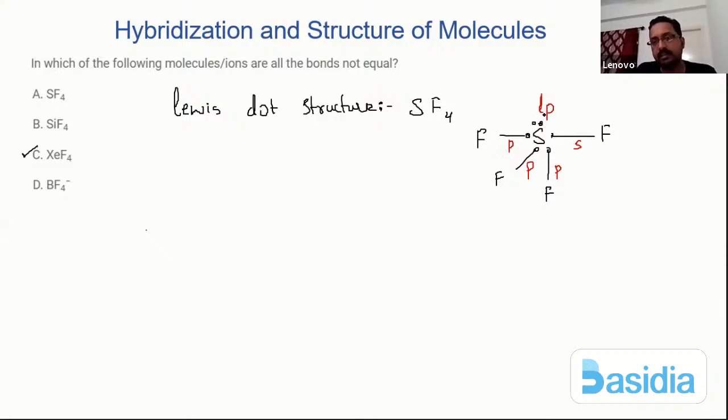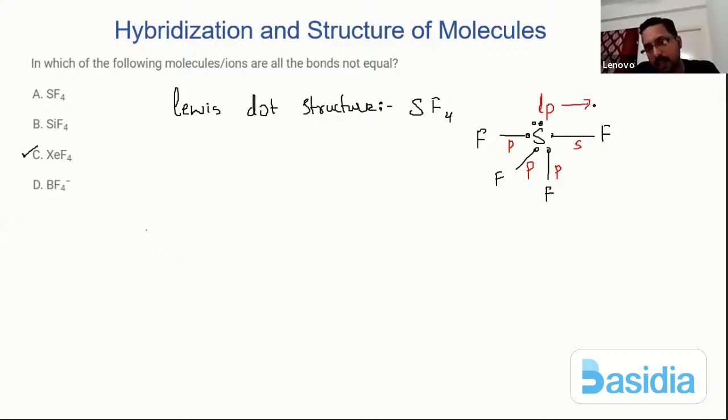If you have a lone pair of electrons, obviously I am supposed to consider them for the hybridization. I think I've already told you why we consider the lone pair of electrons in the hybridization.